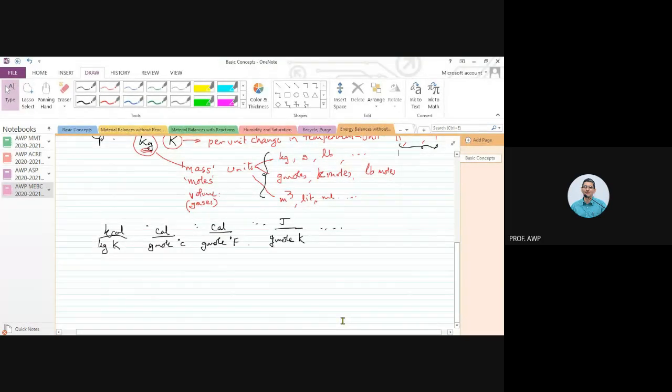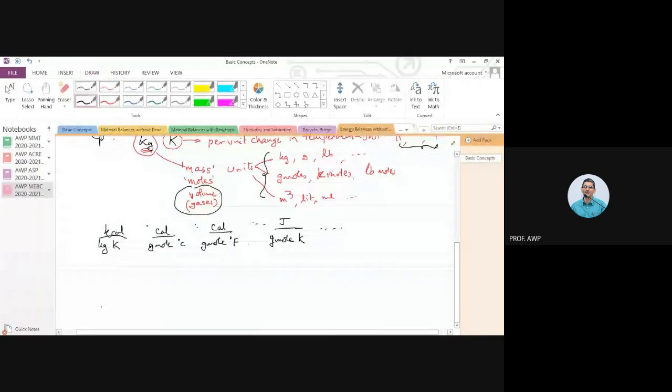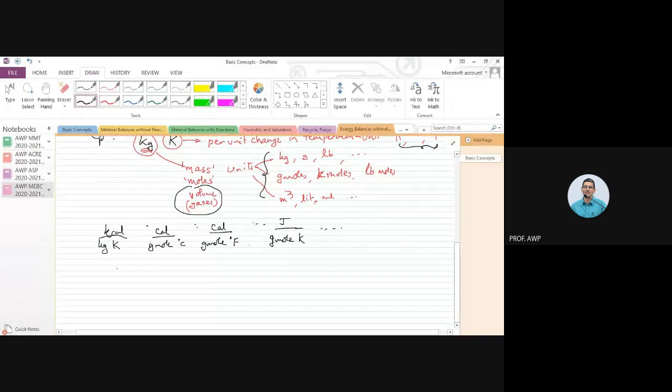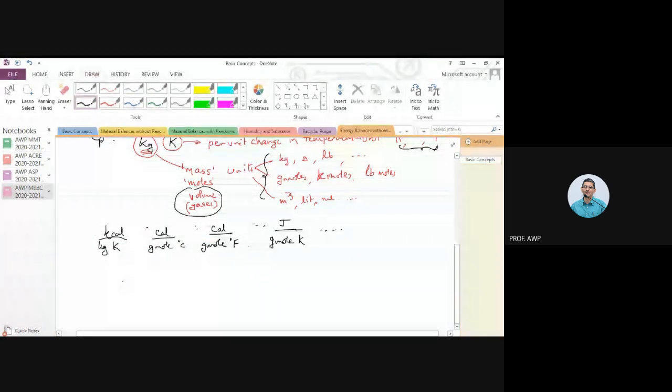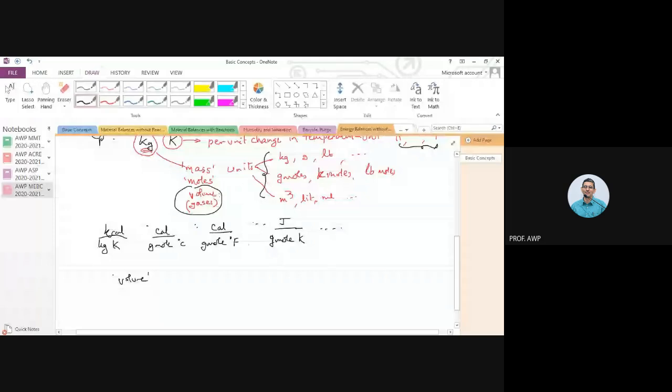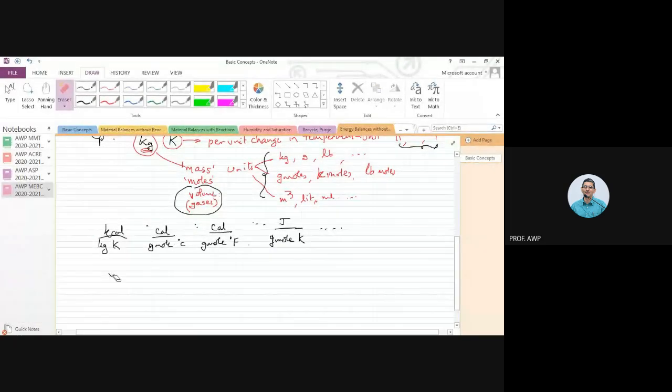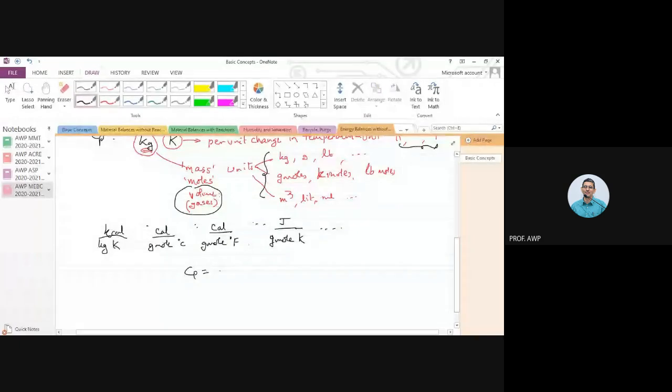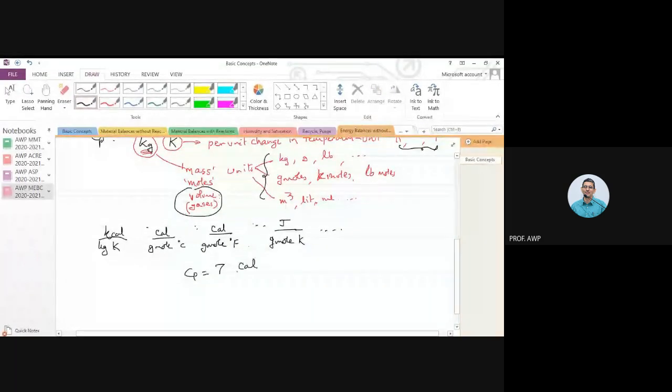Yes. If we are talking about gases, say a gas getting heated from 30 degrees centigrade to 200 degrees centigrade, we could talk in terms of per unit volume of gas. So we don't write Cp; suppose Cp of air is 7 calories per gram mole Kelvin change.